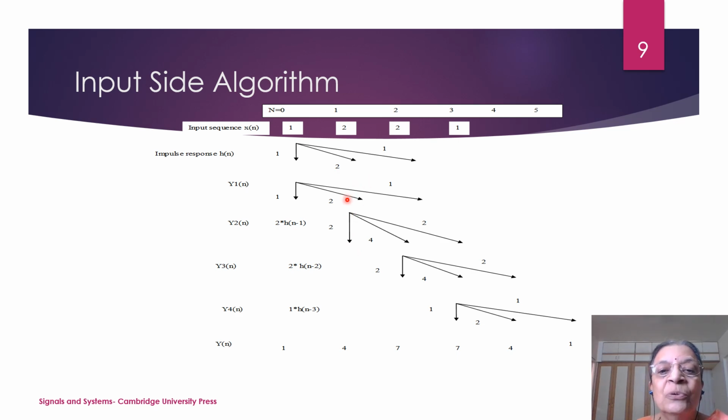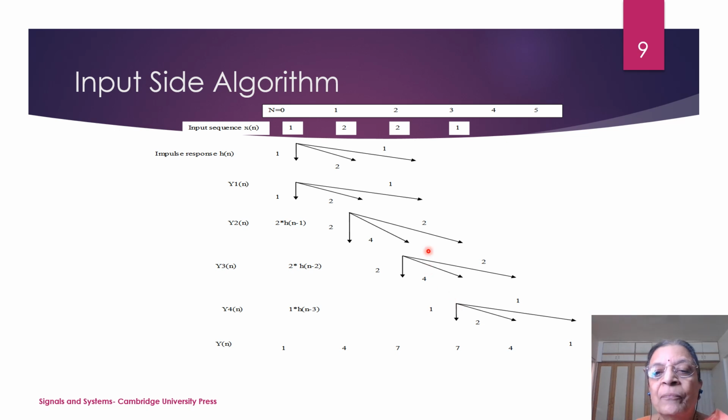So this is 2 plus 2, it will be equal to 4. In this case, delta n will contribute, delta n minus 1 will contribute, and delta n minus 2 will also be contributing. So 1 plus 4 plus 2, that is 7.